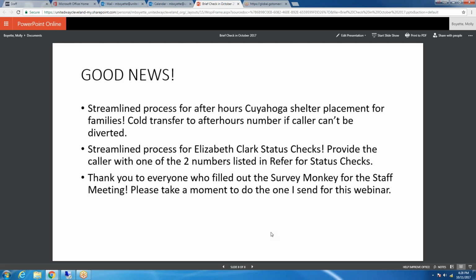There's also a new streamlined process for Elizabeth Clark status checks. Chris just sent an email out about that maybe a day or two ago, where you no longer have to fill out a form if someone wants to check on the status of their Elizabeth Clark application. There are 2 telephone numbers that are listed in refer that we can give to callers that just want to check the status of their application.